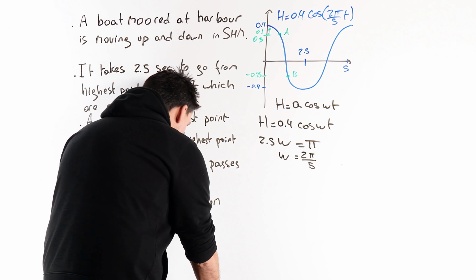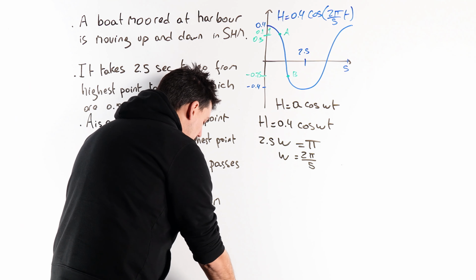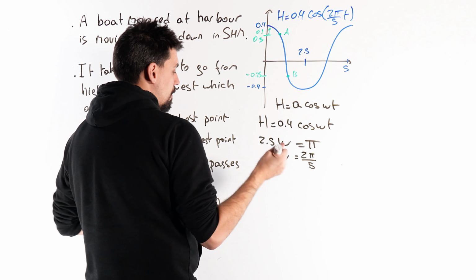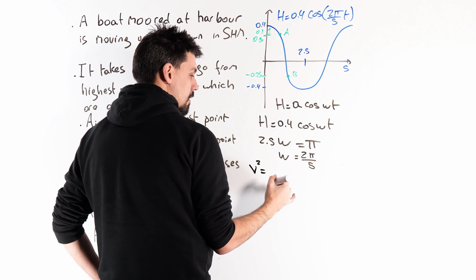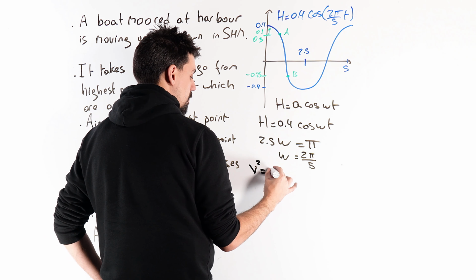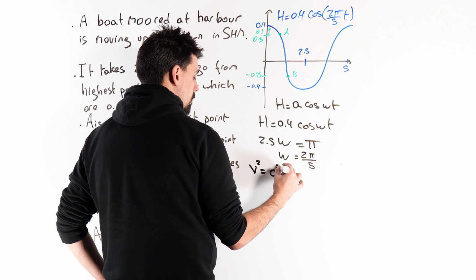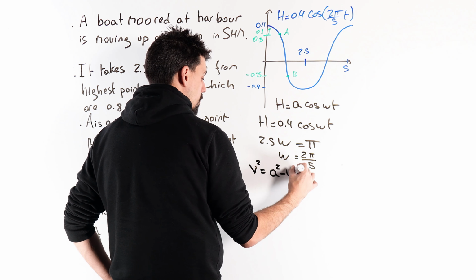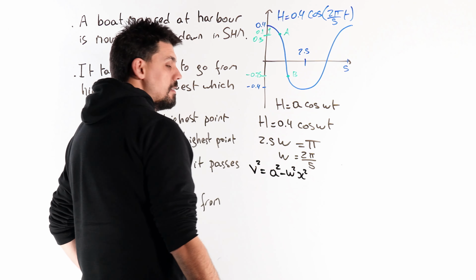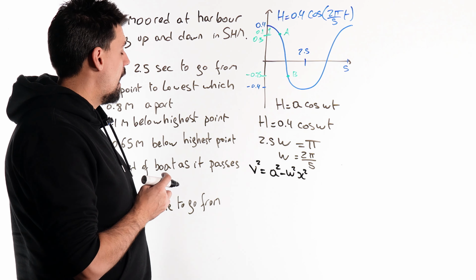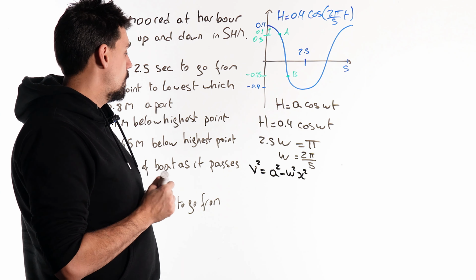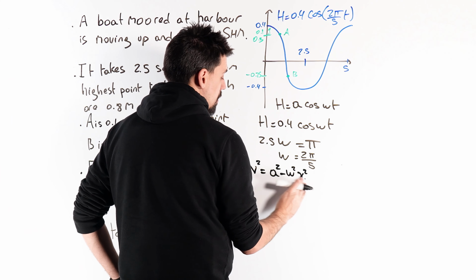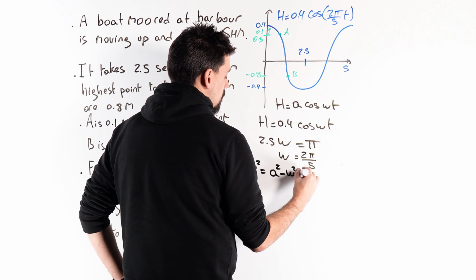Now we're going to use our fancy pants thing for simple harmonic motion, which is the fact that v squared is a squared minus omega squared x squared. Or in our case here, I suppose, h squared.